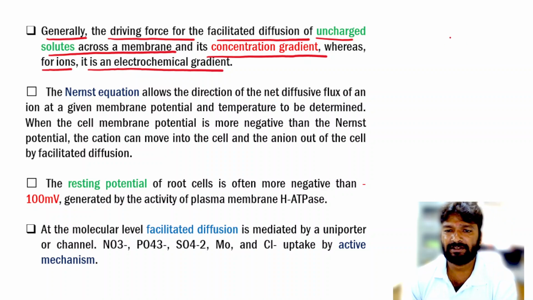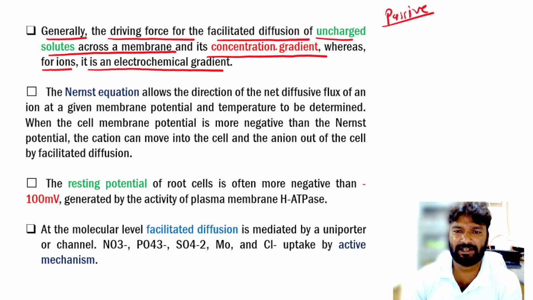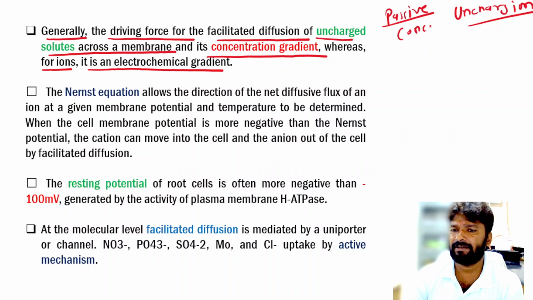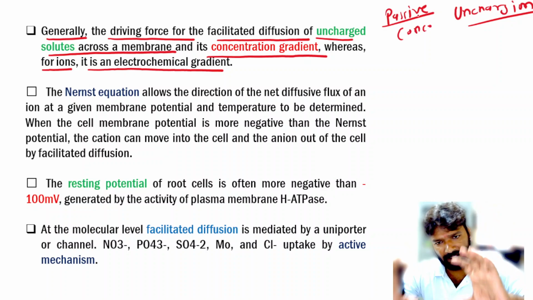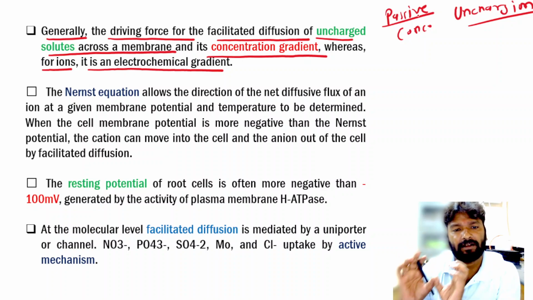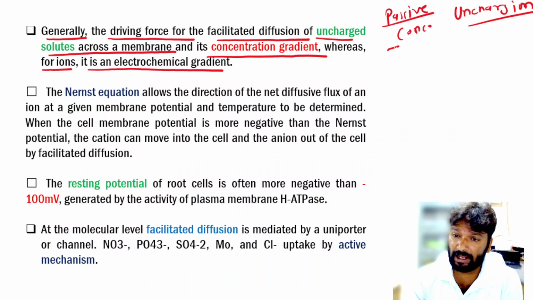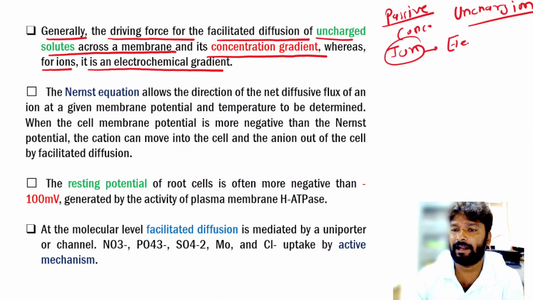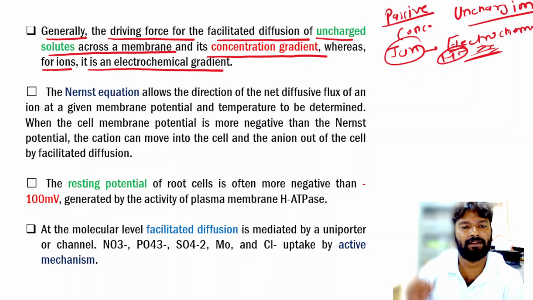Okay, means जो आपका पैसिव डिफ्यूजन है और फैसिलिटेटेड डिफ्यूजन है फॉर अनचार्ज्ड solutes, okay, they move according to their concentration gradient, means from the high concentration to the lower concentration. But the ions move according only to their electrochemical gradients, means concentration of H plus or the electrochemical gradients.